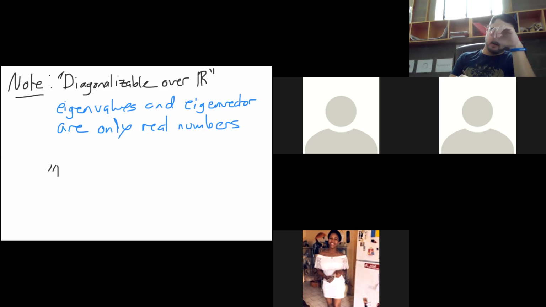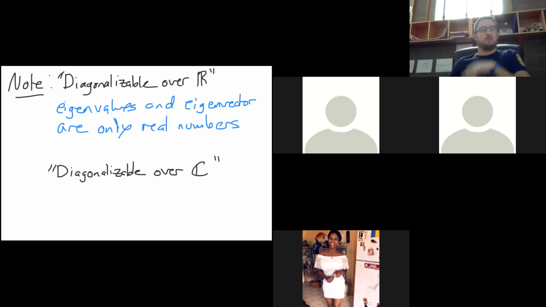If we see diagonalizable over C, and this is our boldface notation for C, I don't think I've introduced this before, but it represents the complex numbers. So that C always represents complex numbers.